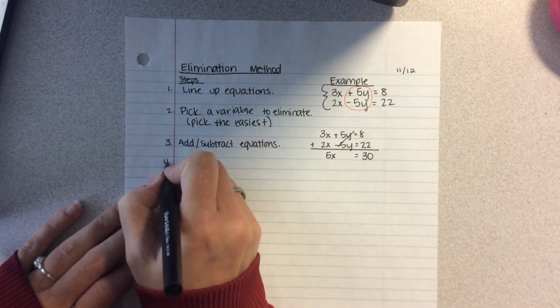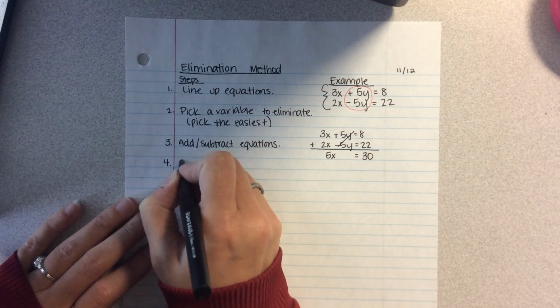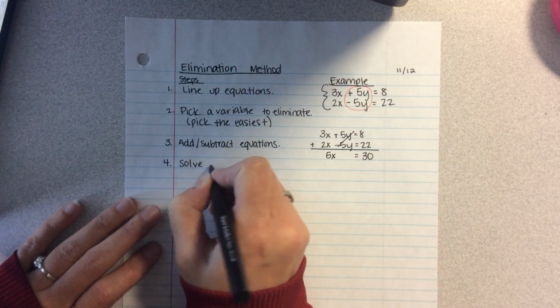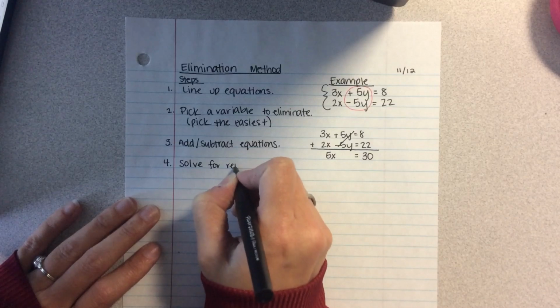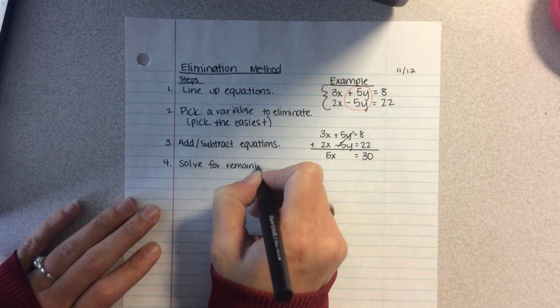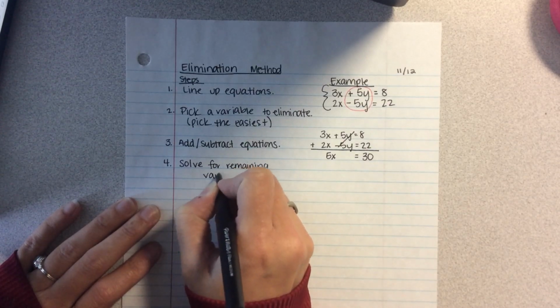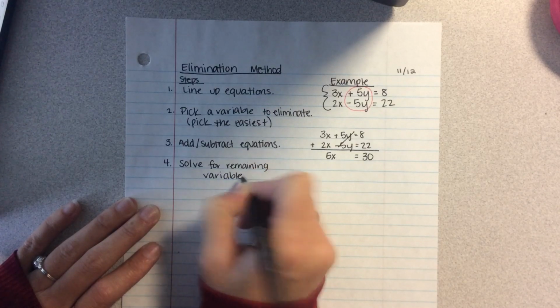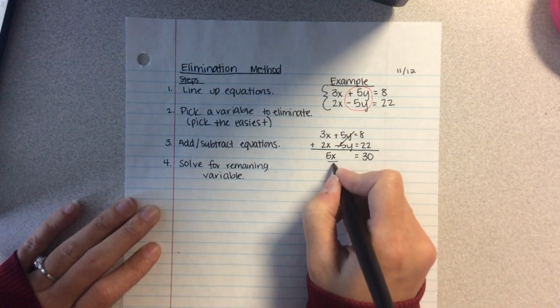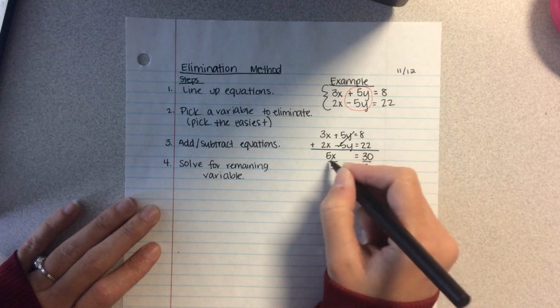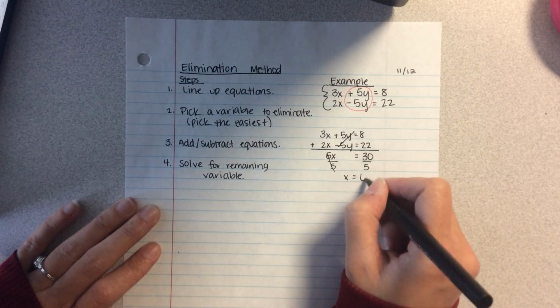Once you add or subtract your equations, we're just going to solve for the remaining variable. We only have x left over here, so we're just going to solve for x. I'm going to divide both sides by 5, and x equals 6.